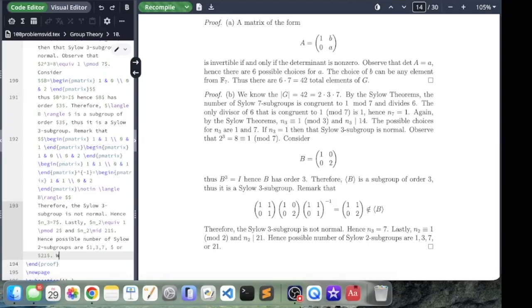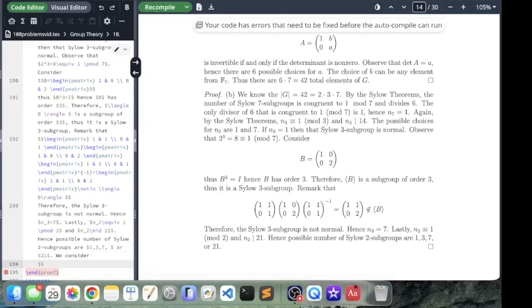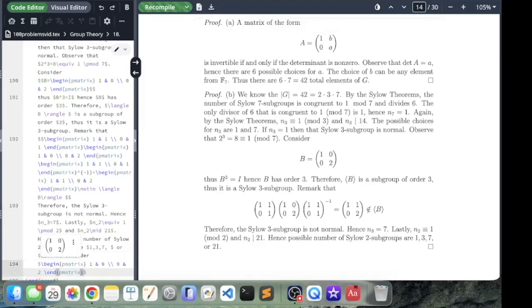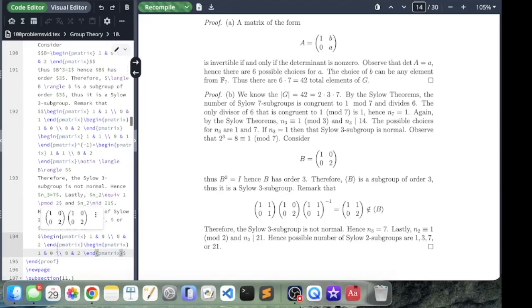So we consider A operated with itself. Okay, I want this to be B, and I want, oh, I didn't mean to touch that one first, but that's fine. It should be an A. And I want to do the same thing with this guy, B and A. So if we were to square this matrix, I want to know when this gives me the identity matrix, because that would be an element of order 2.